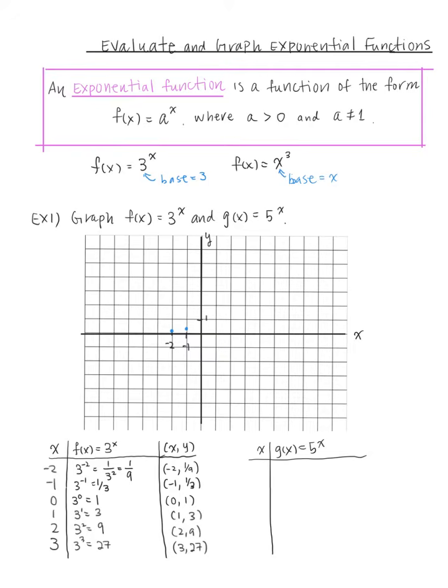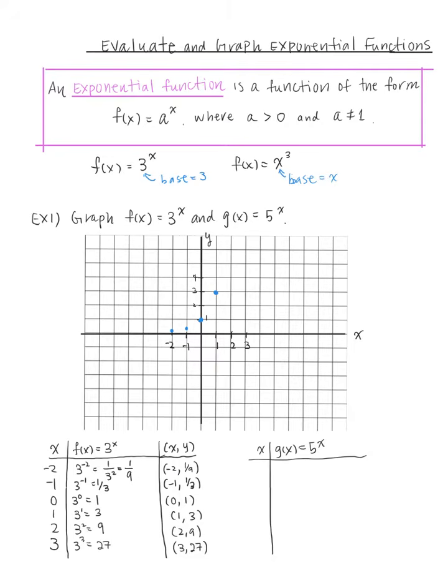Now let's go with 0 comma 1. That one's easy, 0 comma 1 is right here. Who's next? 1 comma 3. Let me make this grid already. So 1 comma 3 is going to be right here. And then 2 comma 9.